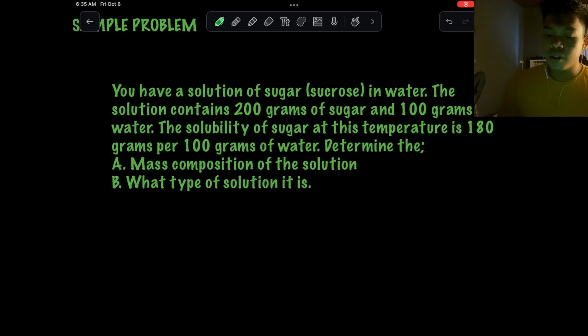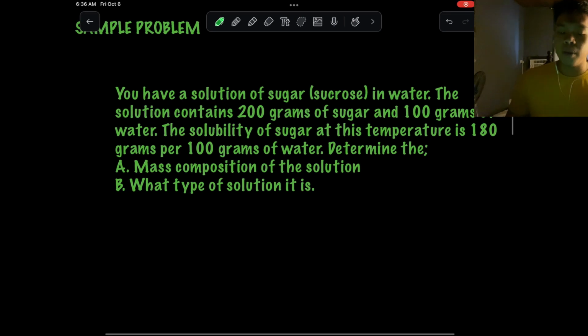The solution contains 200 grams of sugar and 100 grams of water. The solubility of sugar at this temperature is 180 grams per 100 grams of water. We need to determine the mass concentration of the solution and what type of solution it is.